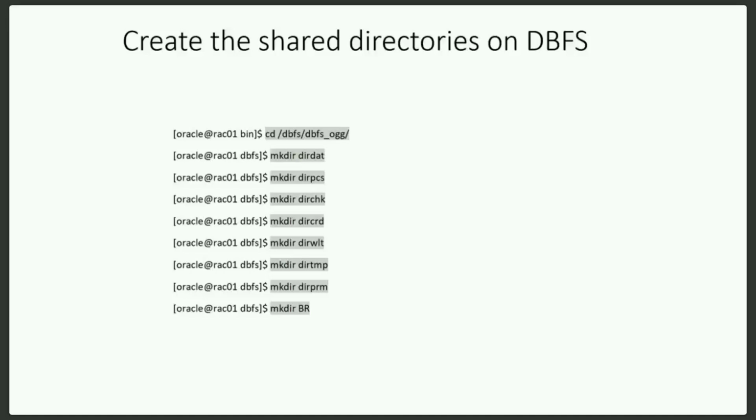Normally all these directories would be created in the GoldenGate software installation home. If I'm not using GoldenGate in a cluster, they would all be there. But here we're creating some directories which need to be shared on the dbfs file system.